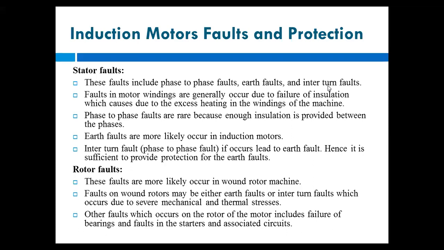Squirrel cage. Yes, squirrel cage and there are two types of rotors, right? Squirrel cage and slip ring, right? So slip ring is nothing but the wound rotor. Okay, so remember this. So mostly faults are occurring in the wound rotor. Wound rotor means it is the slip ring type of induction motor.